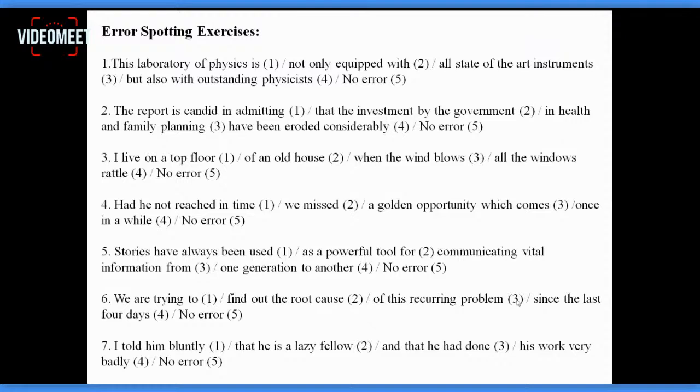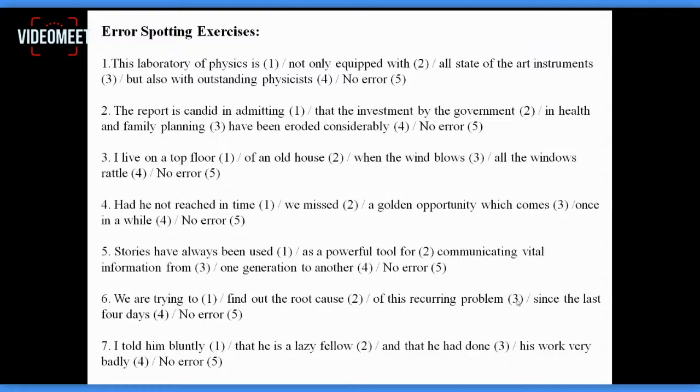I told him bluntly. So, this means that I had already had this conversation with that guy, and that conversation is now in the past because I'm using told here, the second form of the word tell, right? So this has already happened, that he is a lazy fellow and that he had done his work very badly.